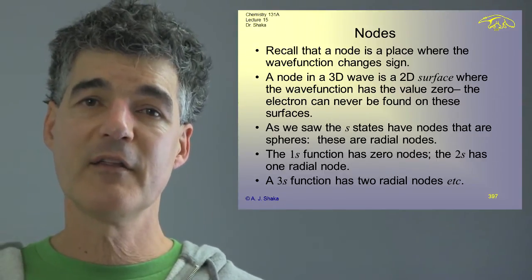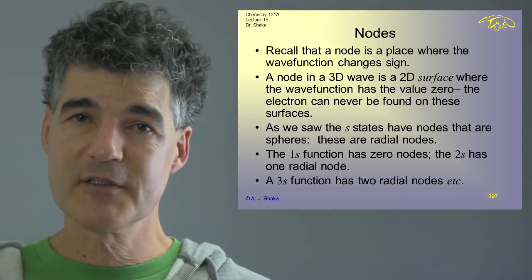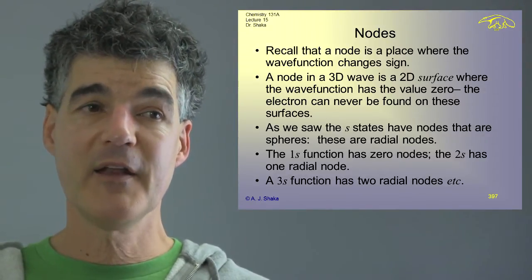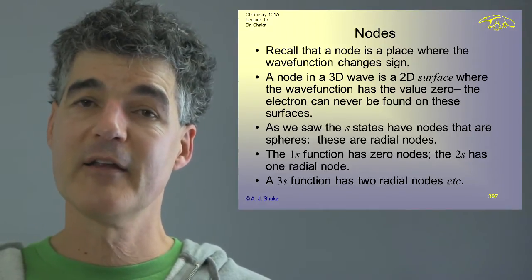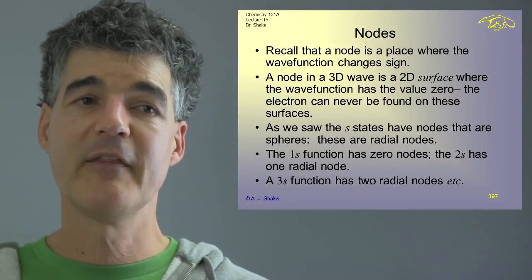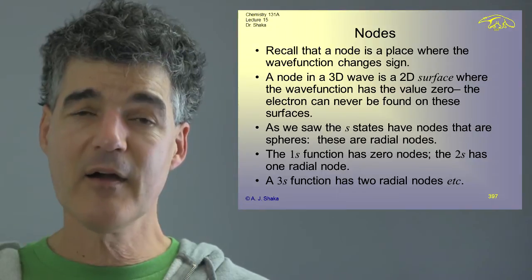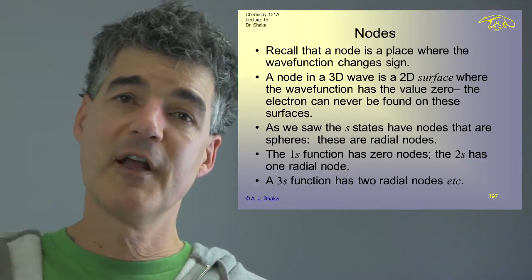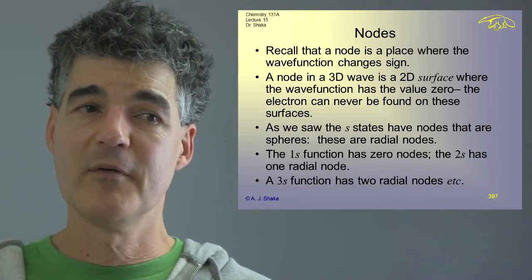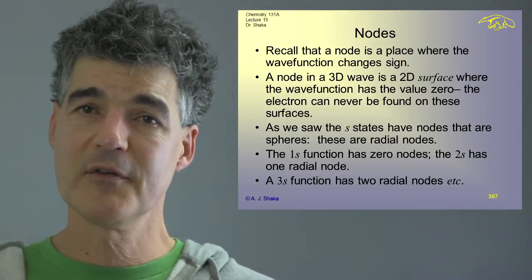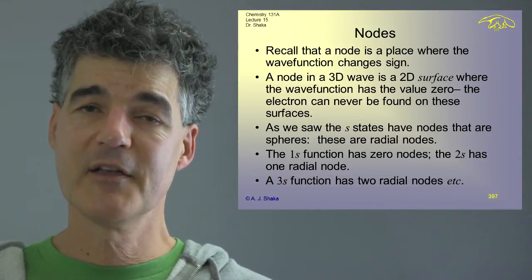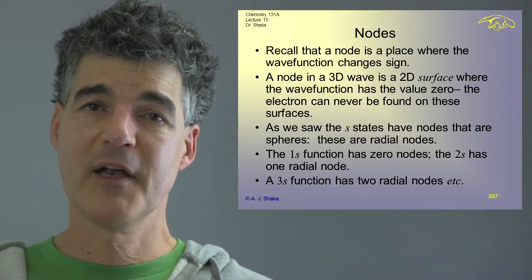And a node in a 3D wave is a surface where the 3D wave has a value of 0. The radial nodes are, in fact, spheres. We saw that for s states there are nothing but radial nodes. And then the angular nodes turn out to be planes where the wave function is 0. A 1s function has 0 nodes, a 2s has 1 radial node, and a 3s has 2 radial nodes. And in general, the number of nodes is n minus 1.